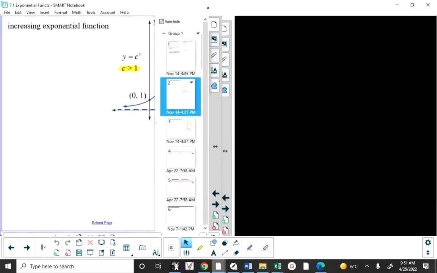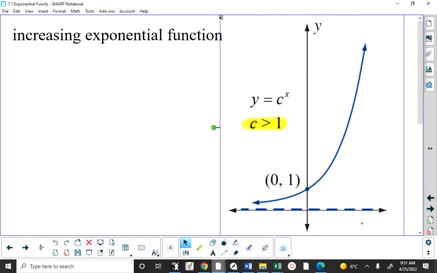If we take a look at this particular function, which is an exponential growth function, and we start going to the left, we get to more and more negative values for x. Y gets smaller and smaller, but it never reaches the x-axis, because no matter what x is, negative 10 million, negative 10 gajillion, the base raised to that will still be a positive number.